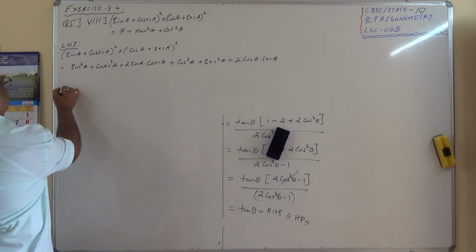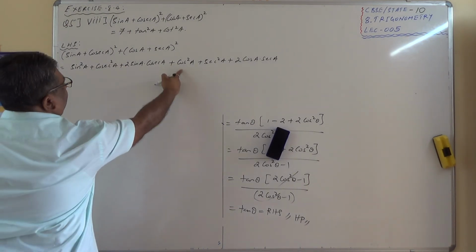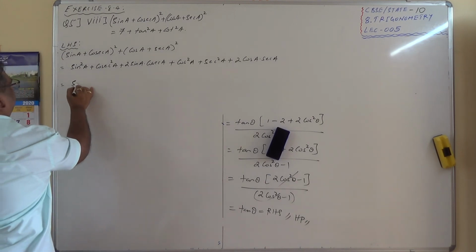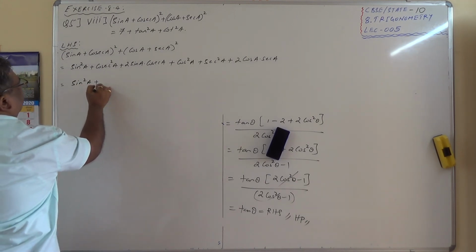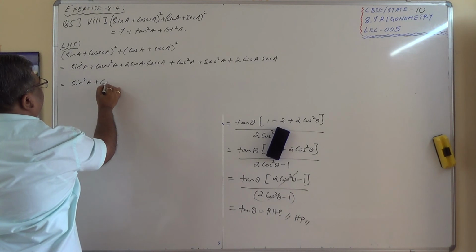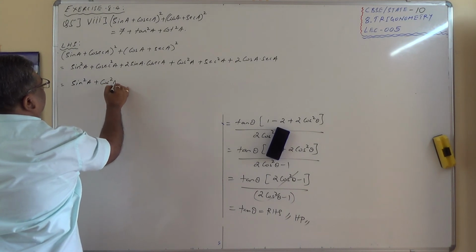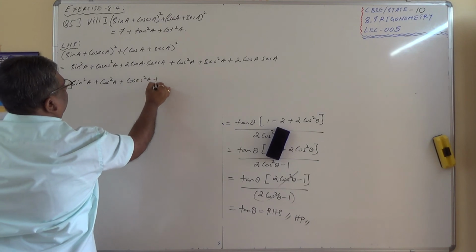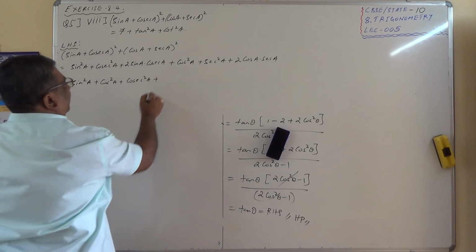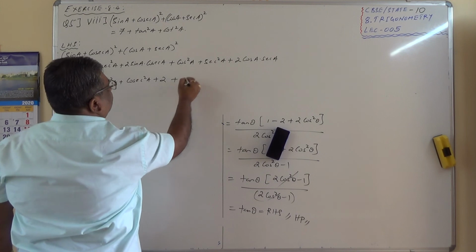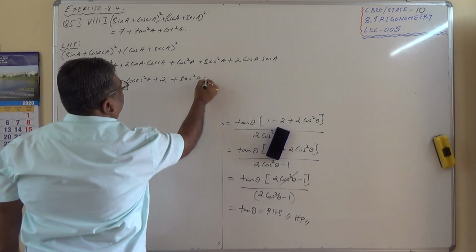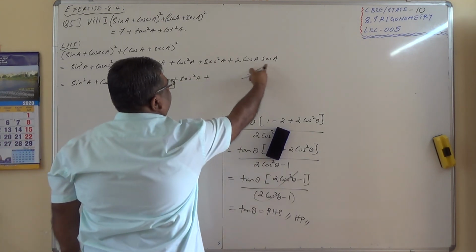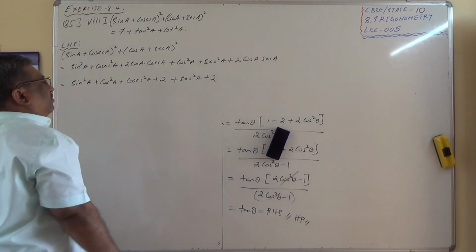So this equals sin square A plus cos square A, which is 1, but I'll write them together first: sin square A plus cos square A plus cosec square A plus sin A into cosec A is 1, plus 2, plus sec square A plus cos A into sec A is 1, plus 2. This is how it is going to be.